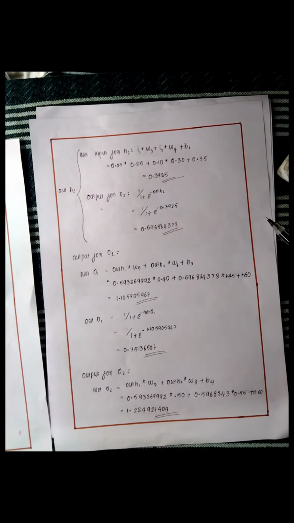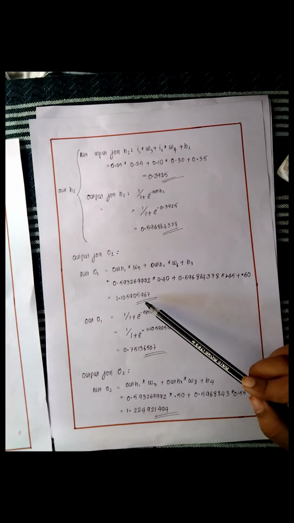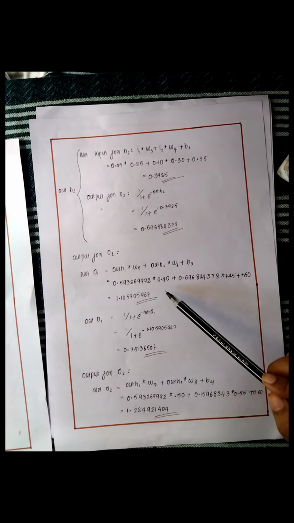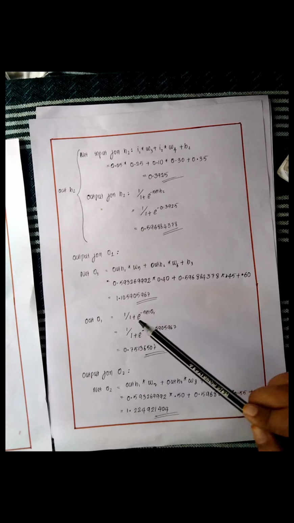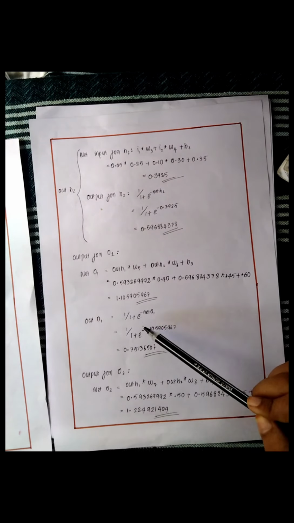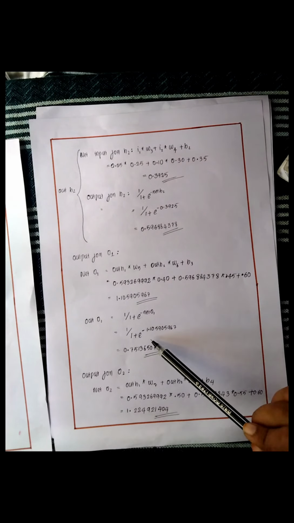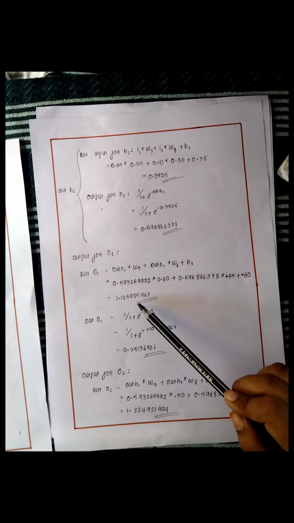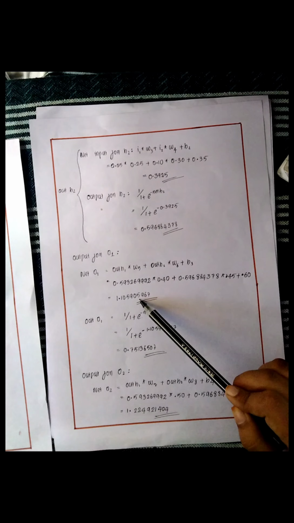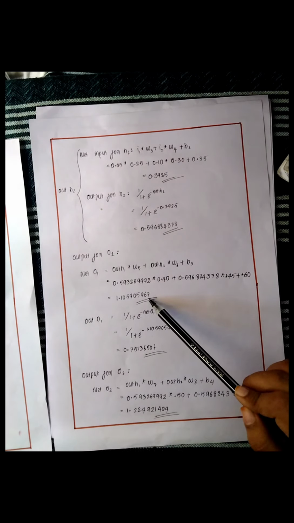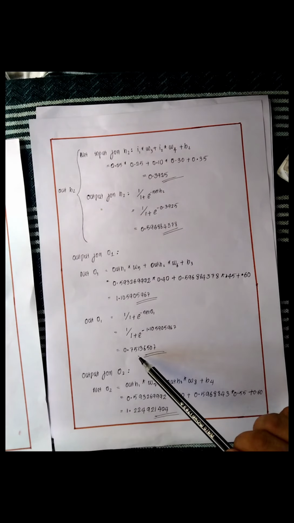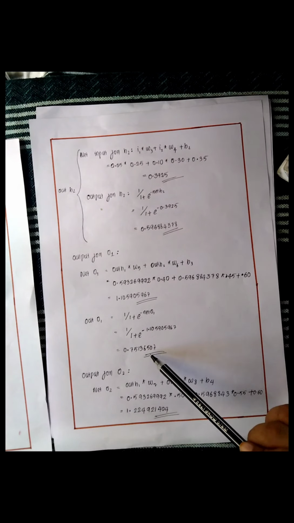So we get 1.105905967. Then output O1 is 1 by 1 plus e power minus net O1, with net O1 equal to 1.105905967, which is equal to 0.75136507.